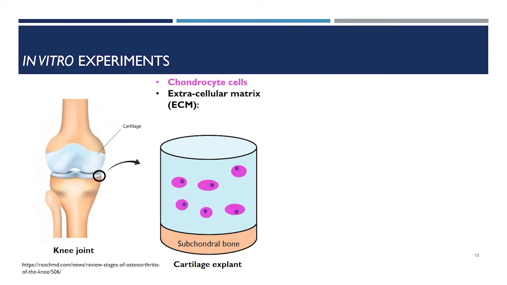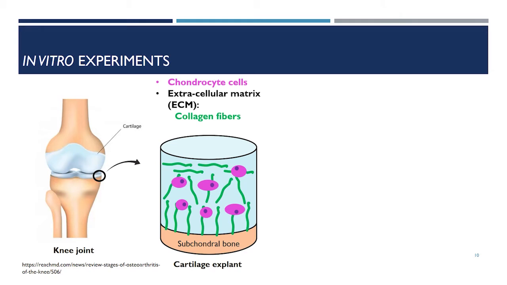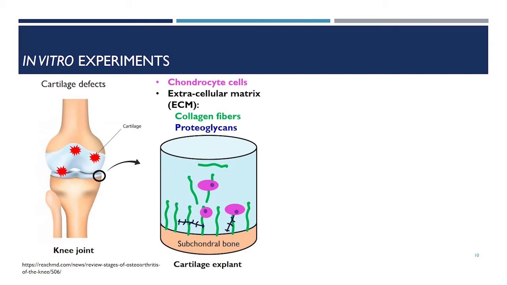These cells are responsible for producing extracellular matrix, which mainly consists of collagen fibers and proteoglycans. Changes in the mechanical environment of the cells, for instance, due to a defect in cartilage, change in the loading condition, or change in the biological state of cells can impair the constitution production, lead to progressive degradation of ECM and cell death.